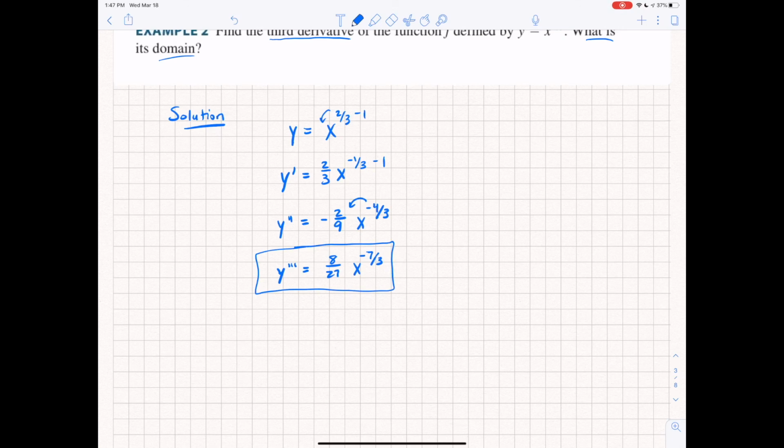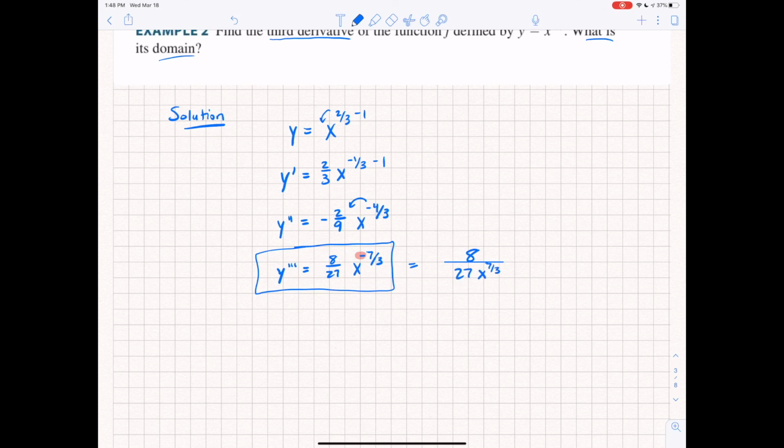Now it's asking me what is the domain. So in other words, what am I allowed to plug in for x? To figure this out, what I'm going to focus on is this negative exponent and get this rewritten, because what that negative exponent does, remember, is it flips x and puts it in the denominator. And so if I was to rewrite this, I would rewrite it as 8 over 27x to the 7 over 3.